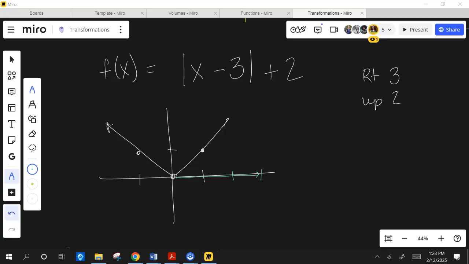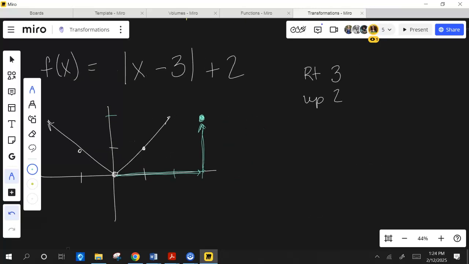And then it also goes up 2. This point has now become this point, yes? Do that with all 3 points. 1, 2, 3.